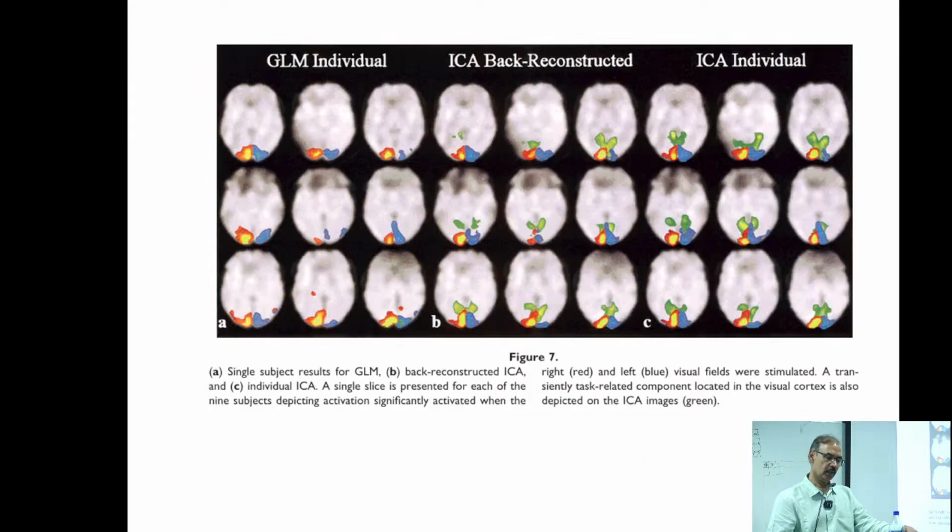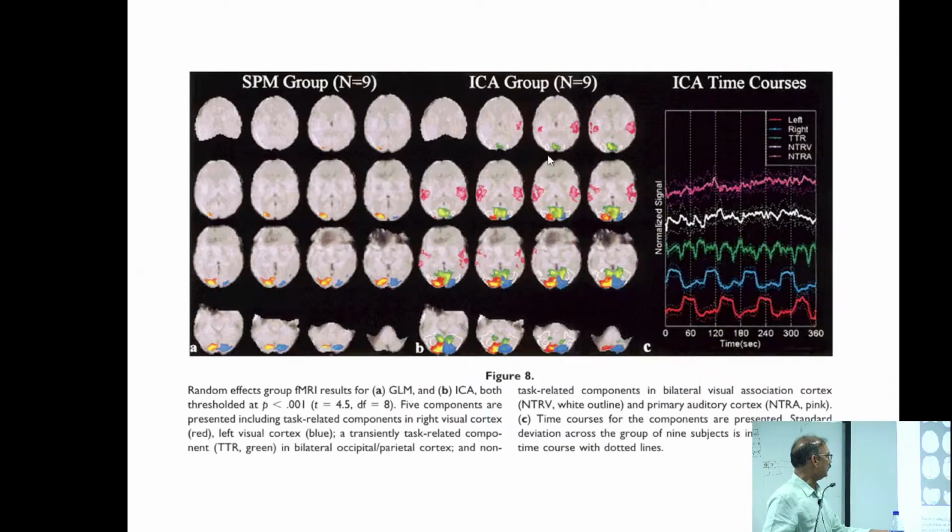And again, this is showing the similarity between GLM analysis and ICA back reconstruction. And then from back reconstruction, you can go and look at each individual ICA map also, right? And then you can find the time series corresponding to this.